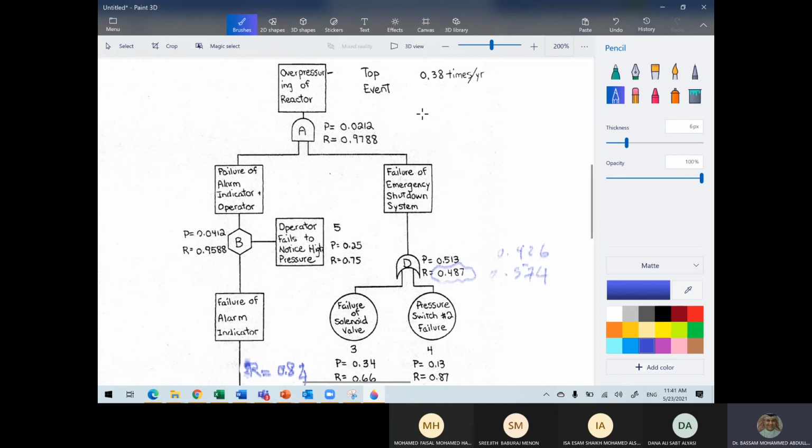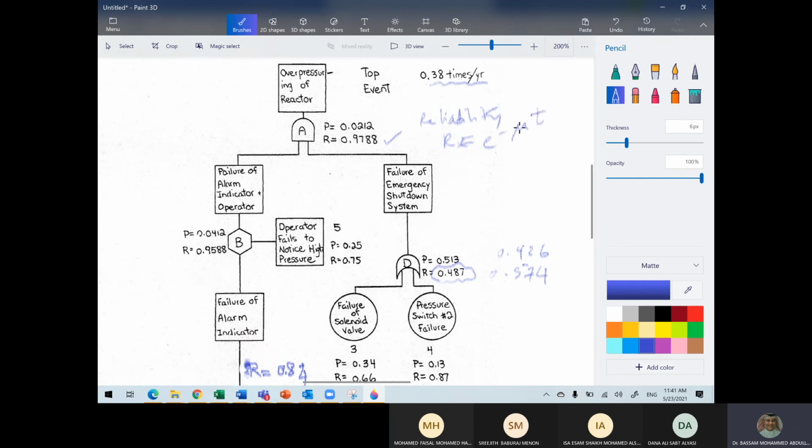So when I ask you what the reliability is, you already found the reliability here. But when I ask you how many times it fails per year, when you get your final answer, you already know that reliability is equal to exponential to the power minus mu t, right?